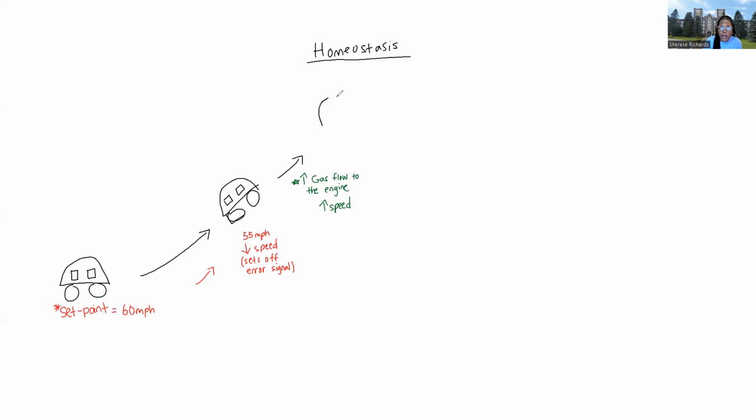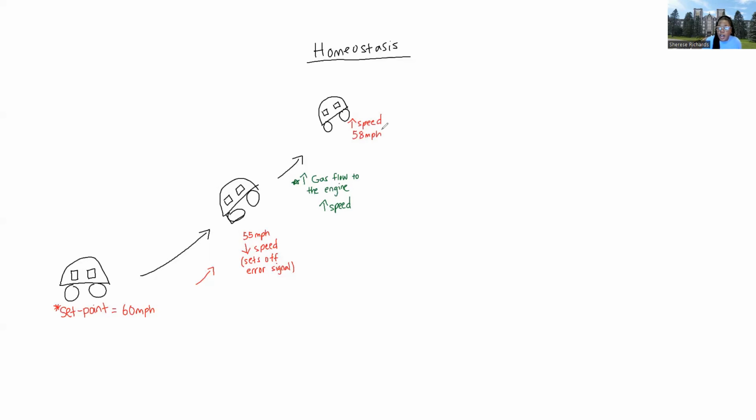So if we look at our car a bit further up the hill here, it is now at a speed of about 58 miles per hour, which means that we're beginning to increase the speed, right? So we've increased the speed to about 58 miles per hour.